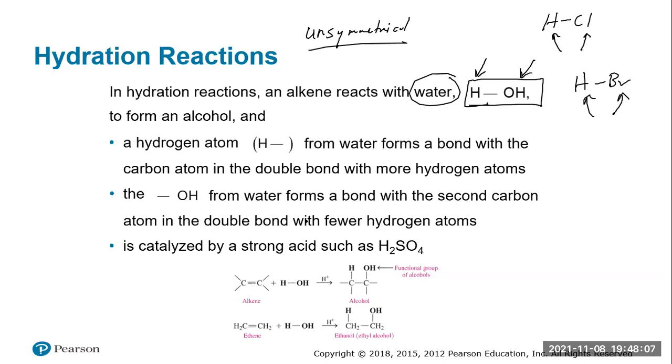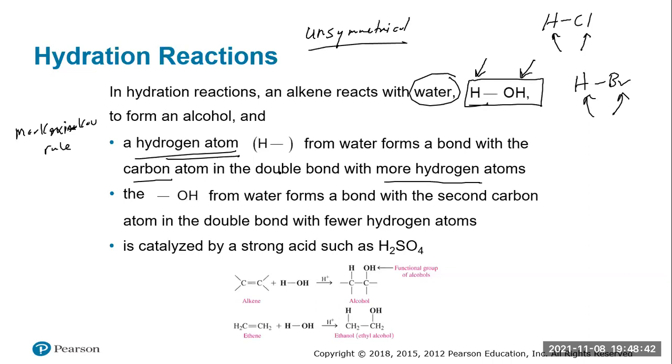Now, in this case, because we are not adding two of the same elements to where that double bond was, there's actually a rule. And there's a rule which is referred to as the Markovnikov rule, which basically says that the hydrogen atom will end up on the carbon that had the most hydrogens to start with.